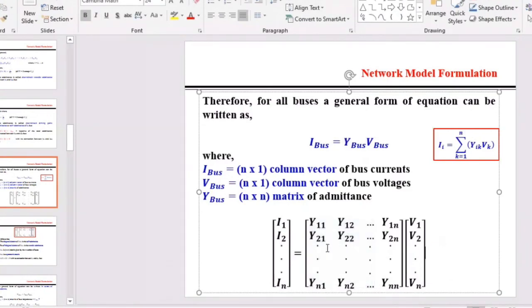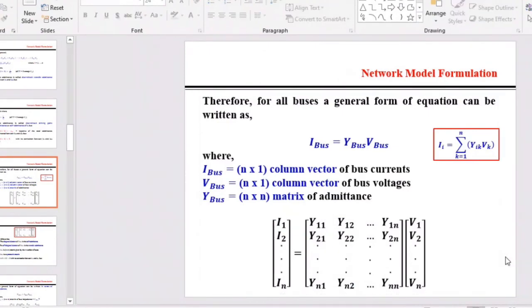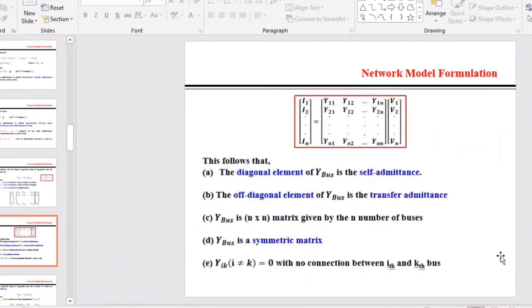But don't worry, how do we formulate it? I will show the example and you will do it yourself. It's not that difficult. But the interesting thing here is to look at the admittance bus matrix. If we look at the diagonal, we find Y11, Y22, Y33, Y44, Y55, Ynn.